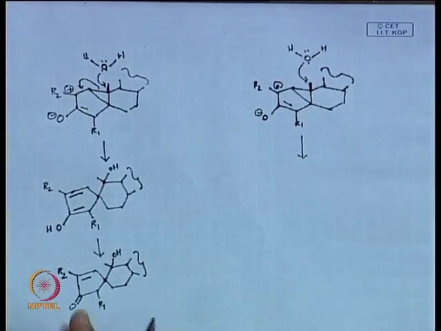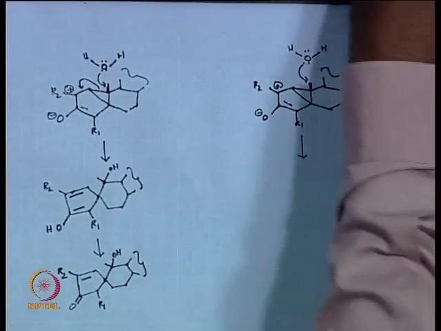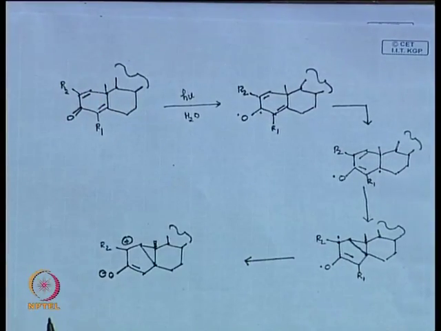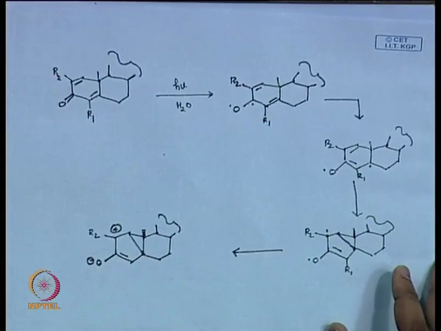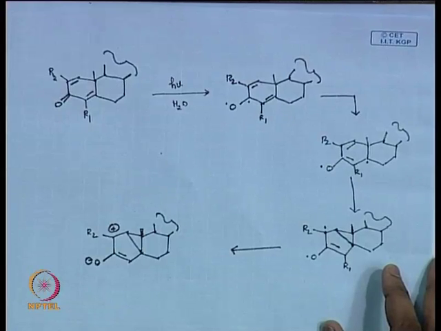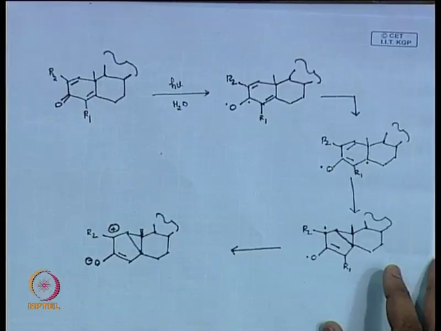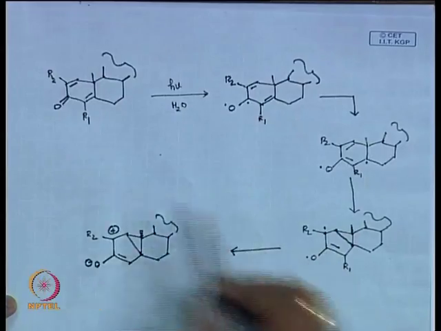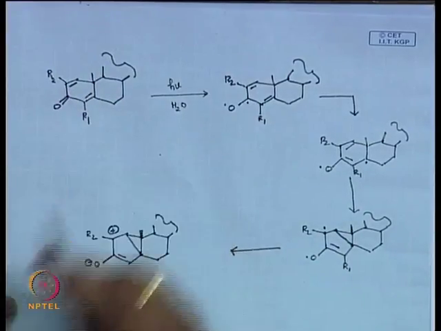Now, since it is an enone type of system and it is a different molecule, can you think about the chemistry happening the other way around, because you are exciting one type of double bond. Can you do it in the other direction and see what product you are getting? Can you try? Say you can think of stabilizing this side and creating a zwitterion on the other side.